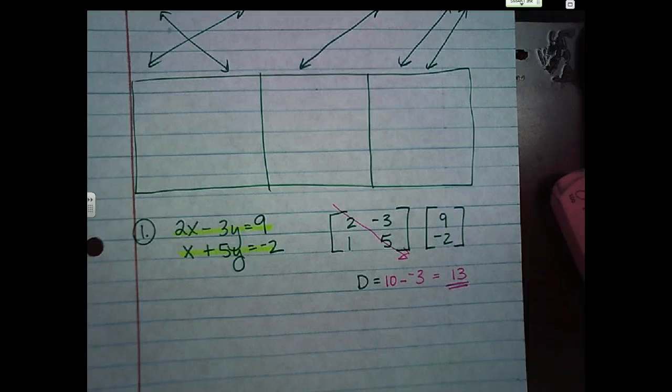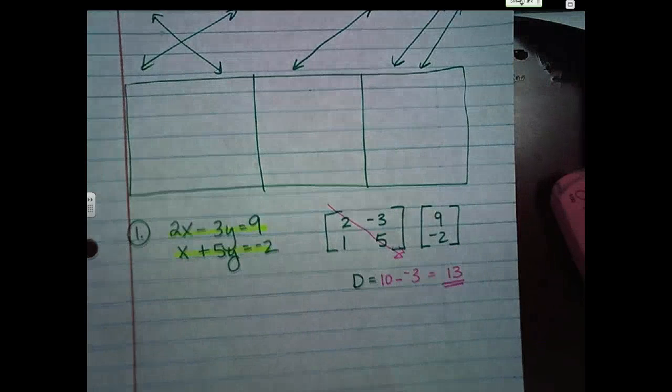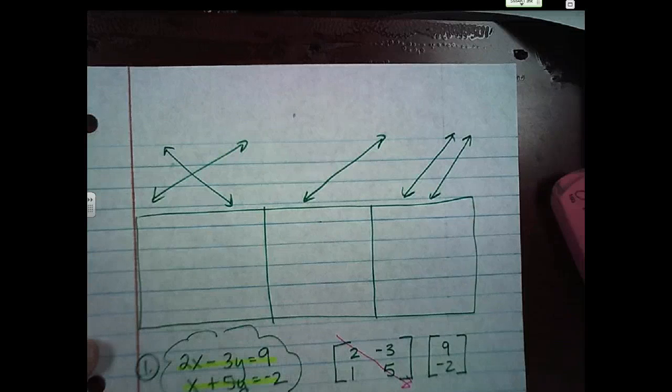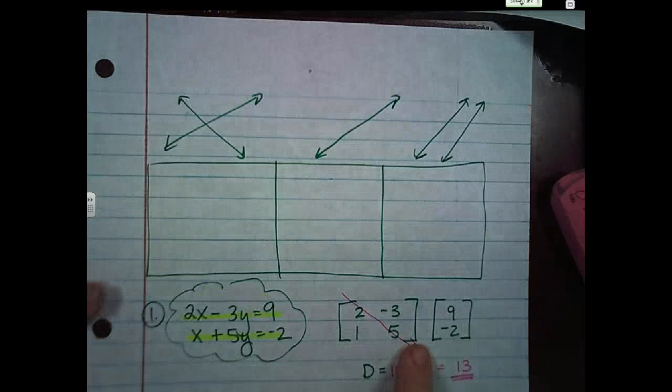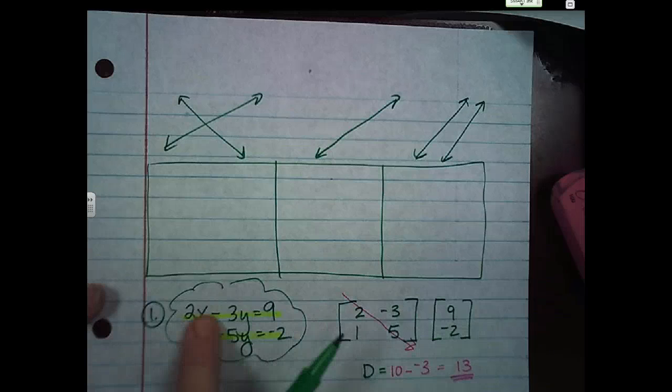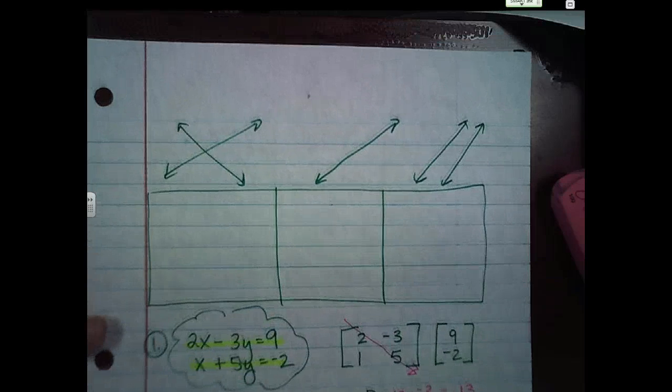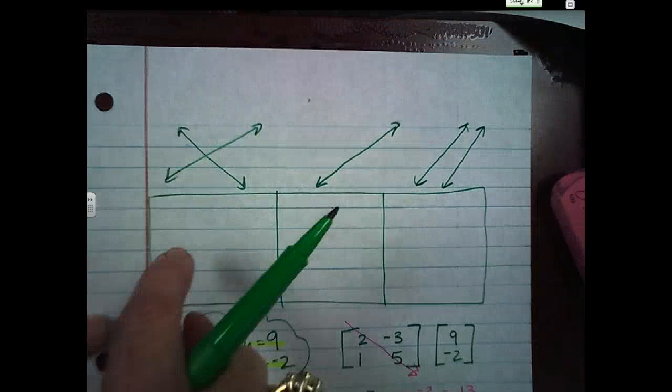Since the determinant was 13, that means it's going to qualify this system right here that you just drew an equation for. This is a set of lines, right? And since my determinant is 13, if you look at these different categories, it's this one.